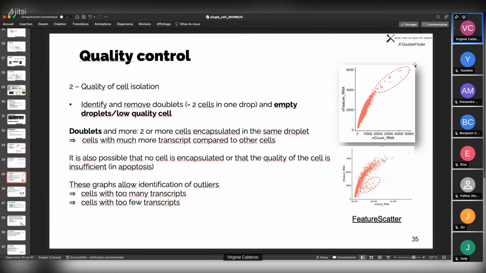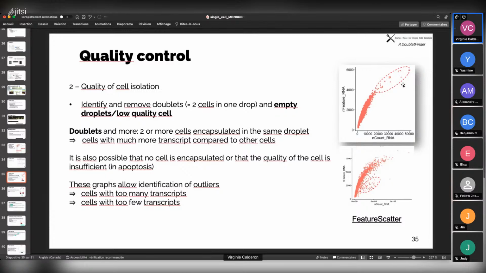You can say, okay, I will keep all the cells with nFeature RNA lower than 4,000, and also I will keep only the cells that have an nCount RNA, which is the number of reads in this case, higher than 20,000. This will allow you to discard all of this, because these might be multiplets, so you don't want to use them in your analysis.